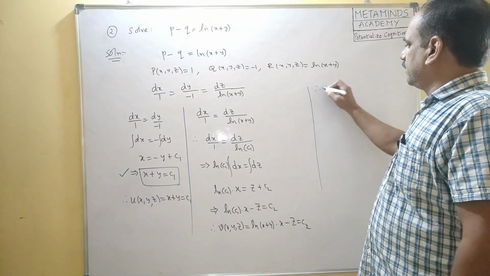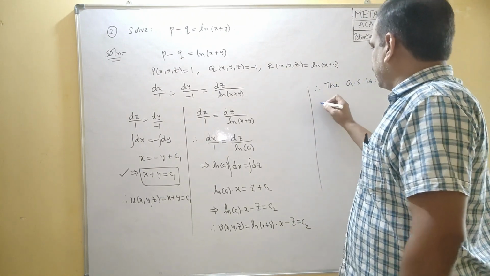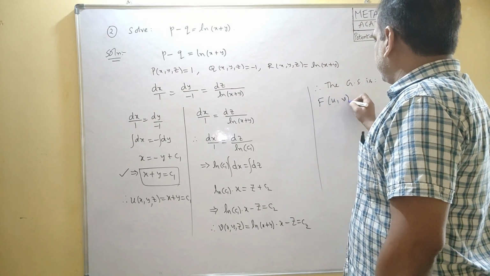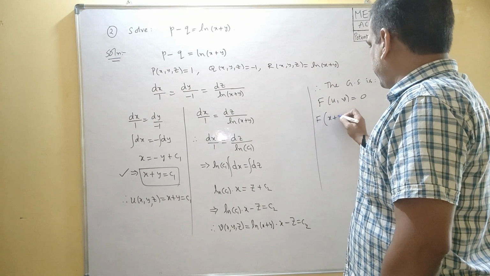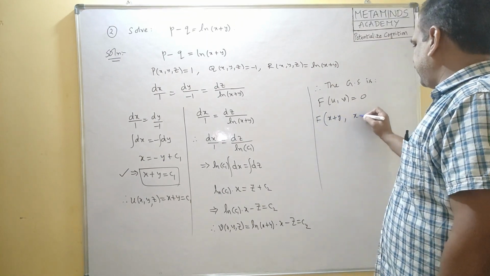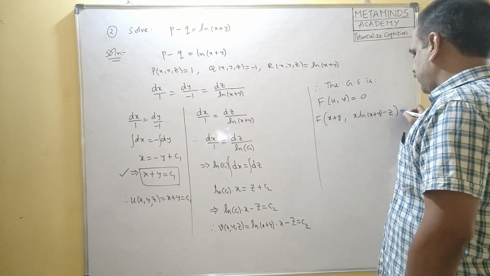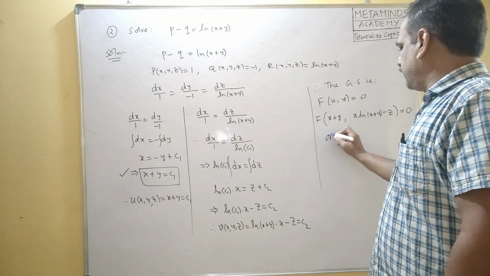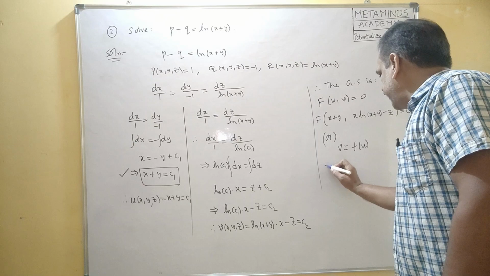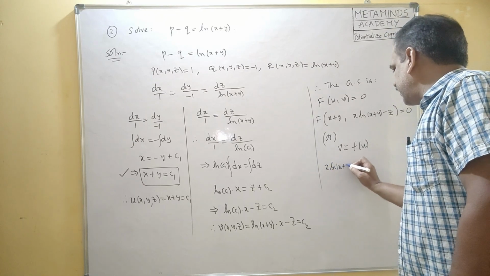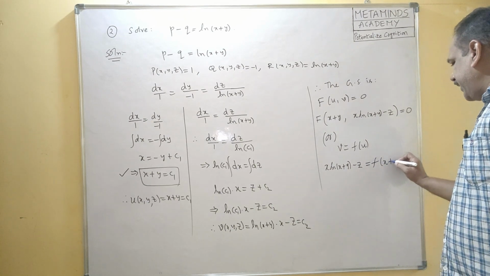So therefore, the general solution is f of u, v equal to 0. That means you can write f(x + y, x ln(x + y) − z) = 0, or you can also write v = f of u. That means, what is v? x ln(x + y) − z = f(x + y).